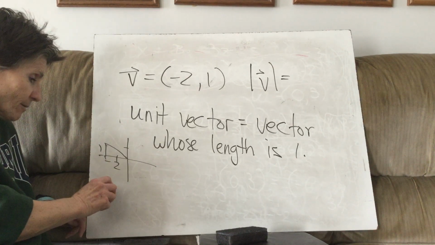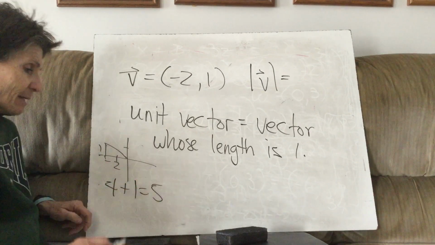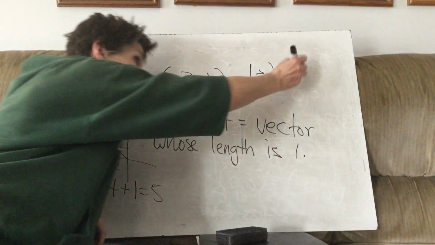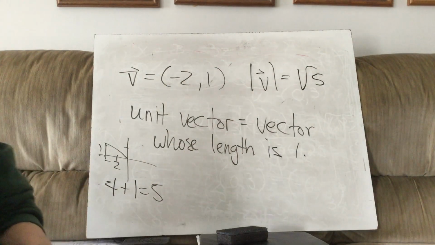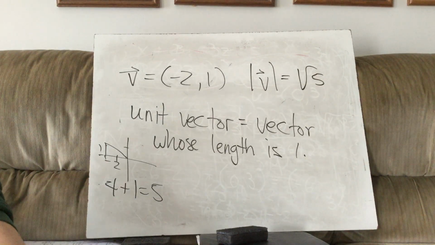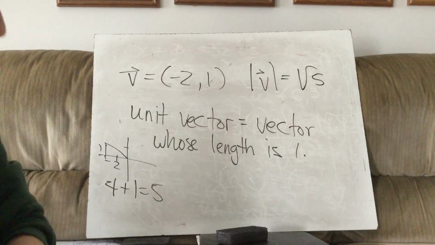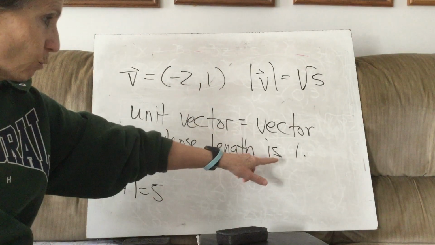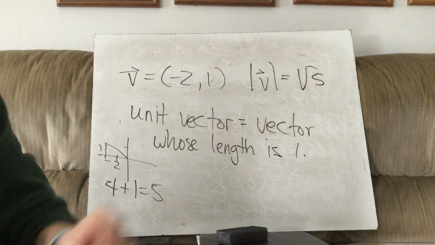So we square, add them up and take the square root. So the magnitude of that vector is root 5. Pythagorean Theorem, square the first one, square the second one, add them up and take the square root. This is not a unit vector. Unit vectors have a length of 1. This thing has a length of the square root of 5.